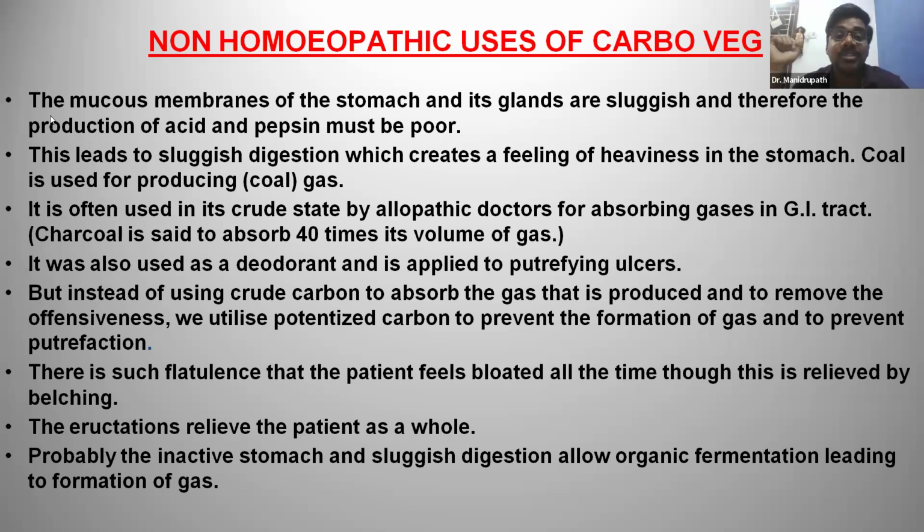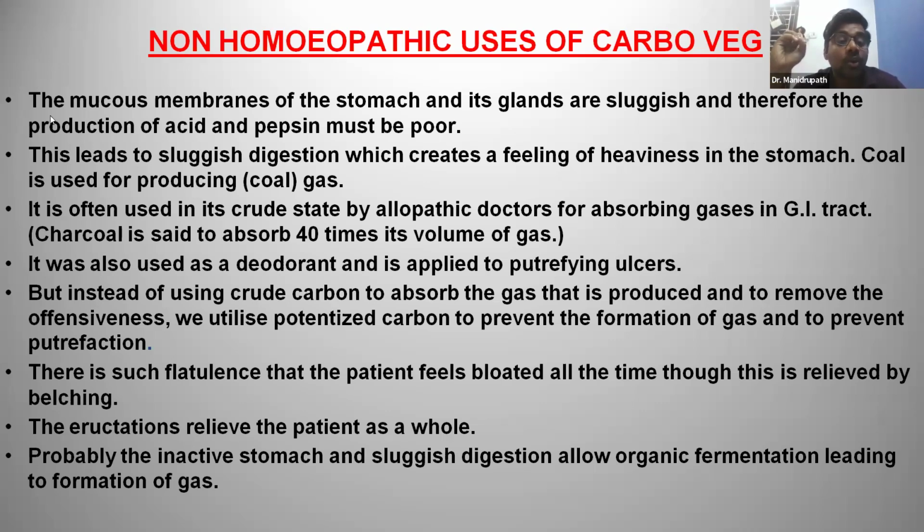The mucous membrane of the stomach and its glands are sluggish, and therefore the production of acid and pepsin must be poor. So due to the sluggish nature, the production of acid and pepsin in digestion is poor. This leads to sluggish digestion, which creates a feeling of heaviness in the stomach. Coal is used for producing coal gas.